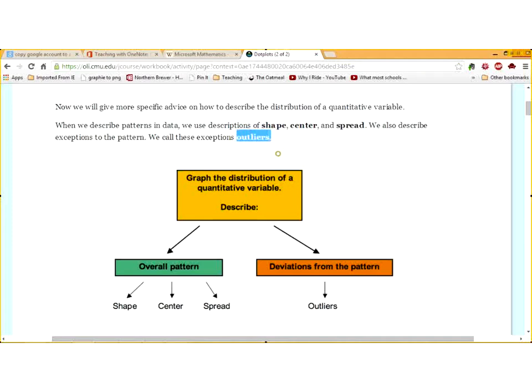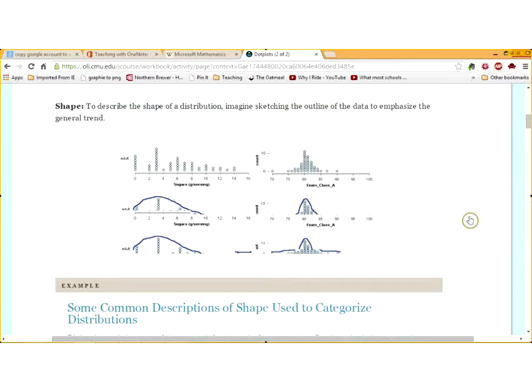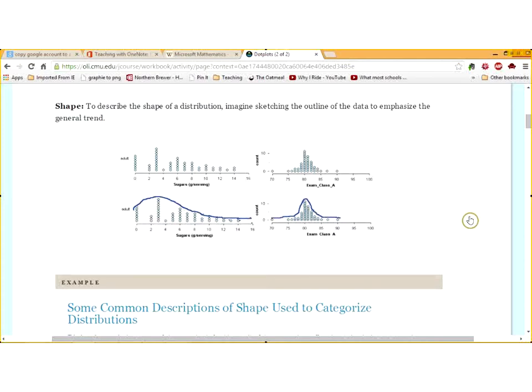Okay, so as it says, you see in this little graphic here, shape, center, and spread describe the overall pattern, and then outliers are things that deviate from that pattern. So what do we mean by shape, center, and spread? How do we describe that based on the picture? Well, let's start with shape. If you look at these 2 graphs, one is a graph of sugars in cereal, and the other is a graph of exam scores.